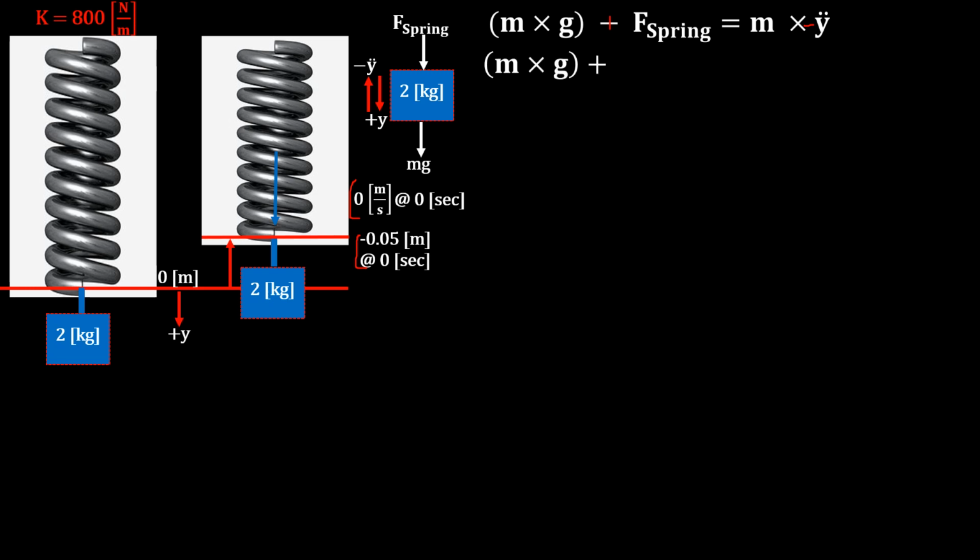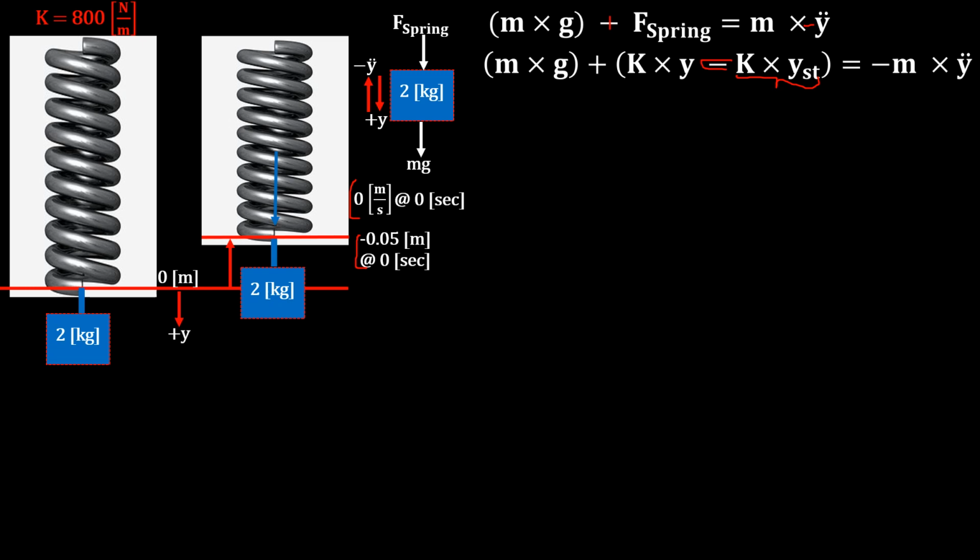So now mass times gravity plus, correct, the spring constant times how much this thing is being displaced, which is y, which is minus 0.05, minus k times the y stretch that we have, because when it was in equilibrium, the force of the spring exerted a force opposite to the direction it's being displaced.